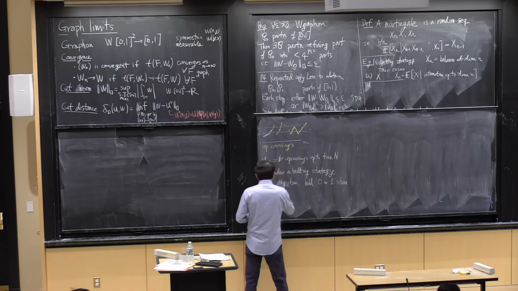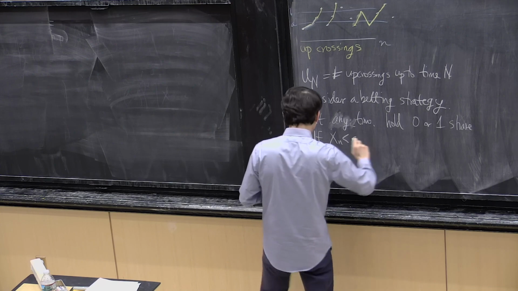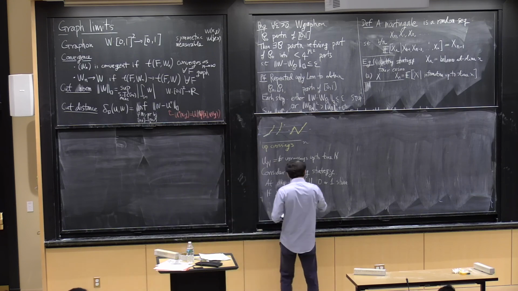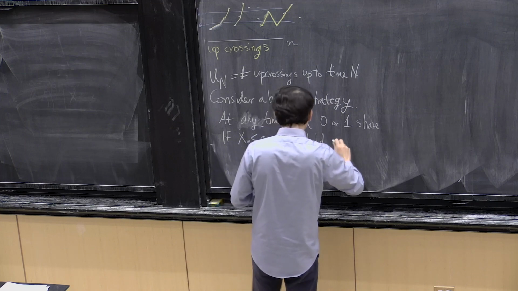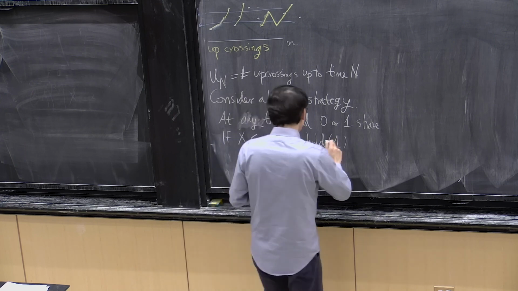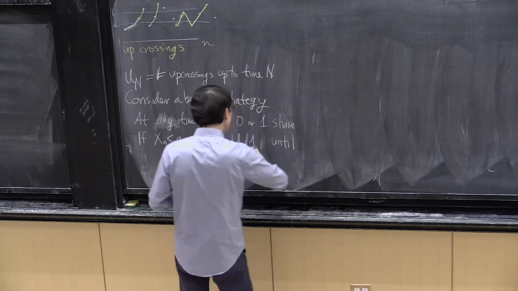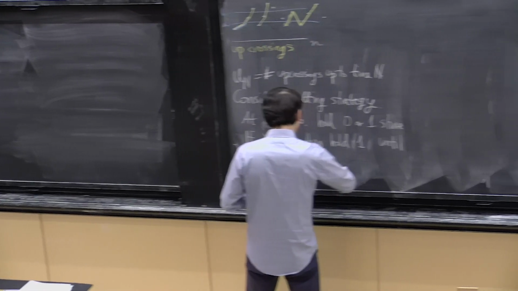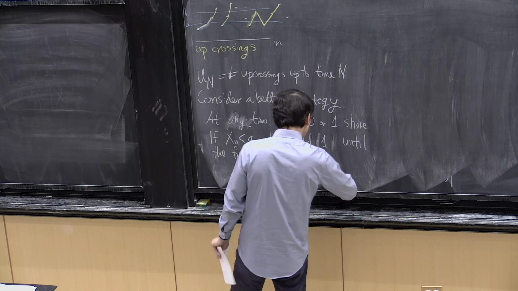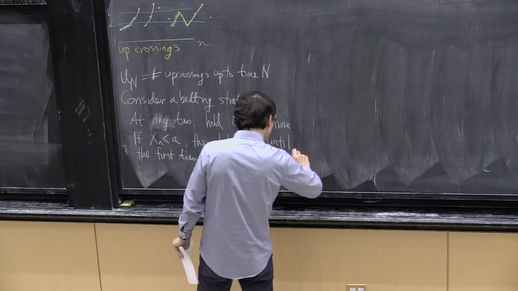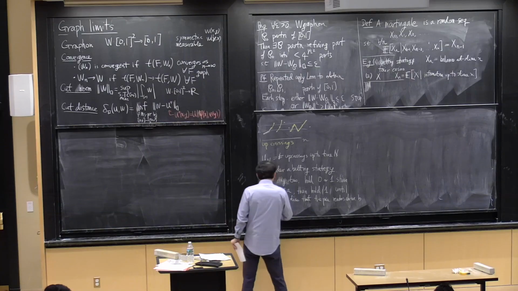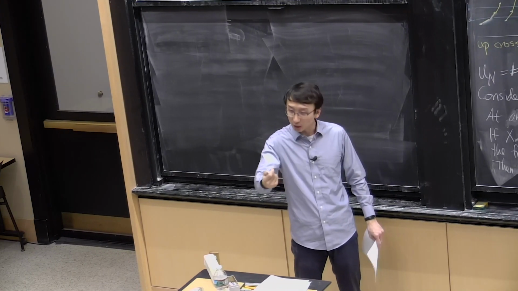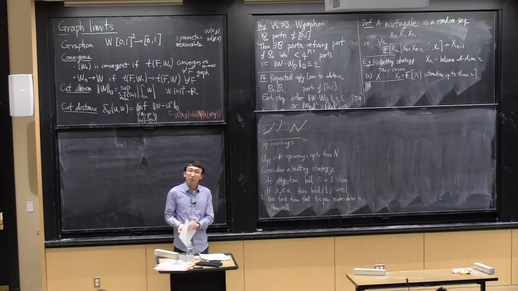If x_n is less than A, the lower bound, then we buy and hold, meaning 1, until the first time the price reaches above B. And then we sell as soon as we see the price go above B. So this is a betting strategy.